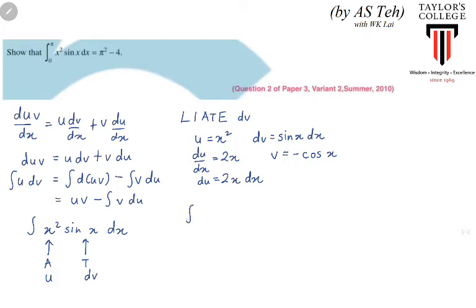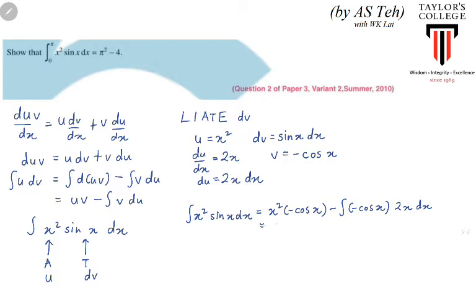So the integral of u dv, which is x squared sine x dx, will be equal to uv, so u is x squared, v is negative cos x, minus the integral of v, which is negative cos x, and du, which is 2x dx.